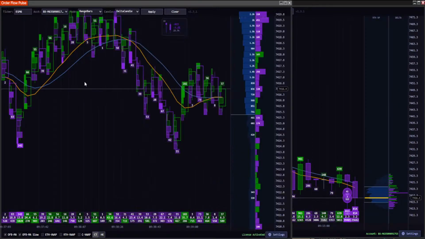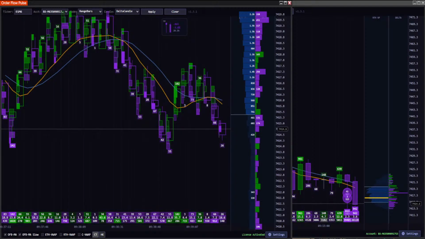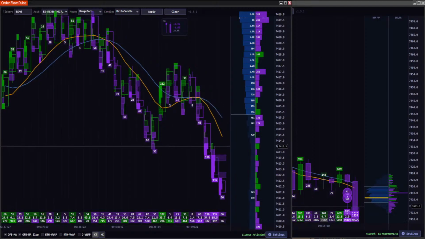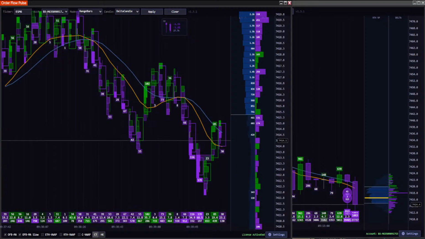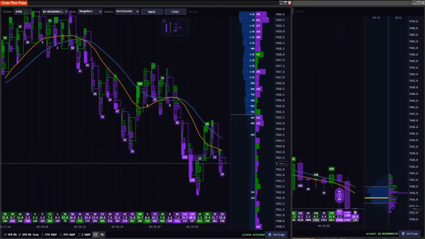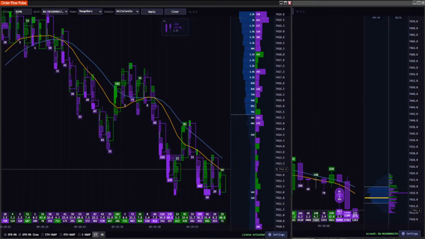All right, let's focus. So we're still down here at the value area lows. Got about 20% negative delta on the current 5 minute.